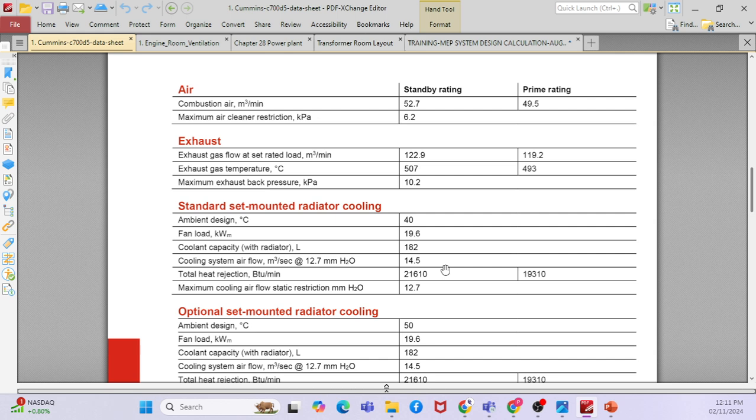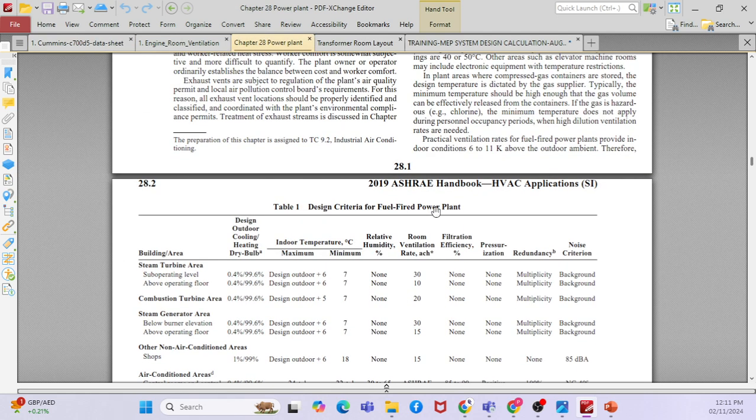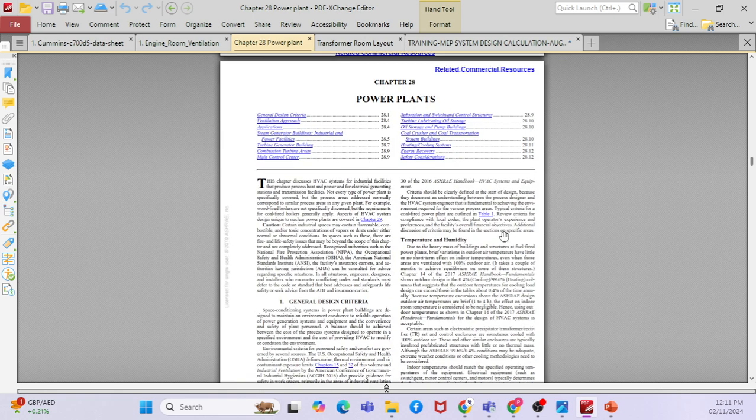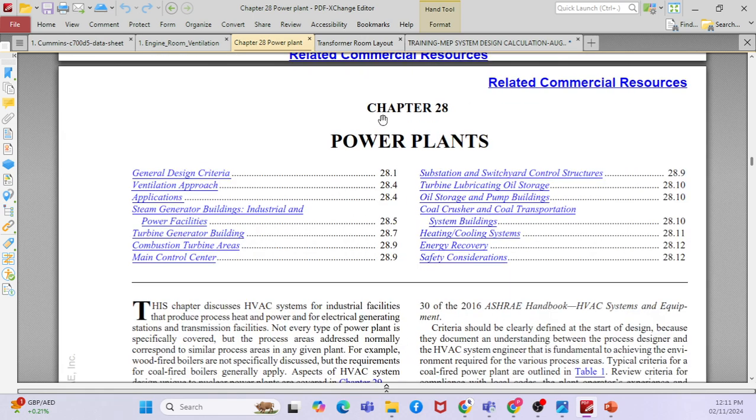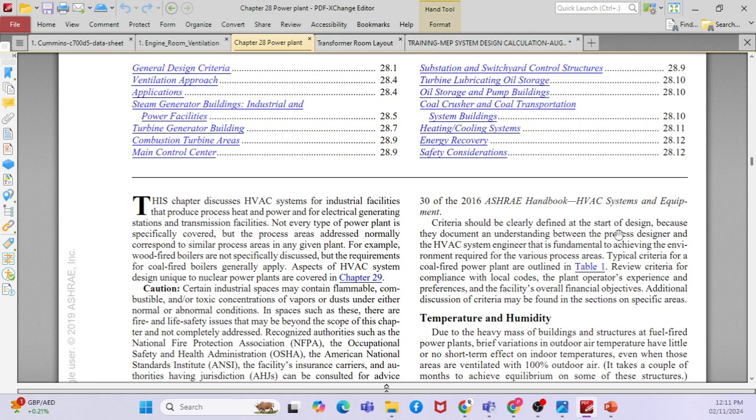Okay, so if I go further to the guideline, there is chapter 28 from ASHRAE. You can see that for power plants, chapter 28 is based on ASHRAE, right? This chapter discusses HVAC systems for industrial facilities that produce process heat and power for electrical generating stations and transmission facilities.